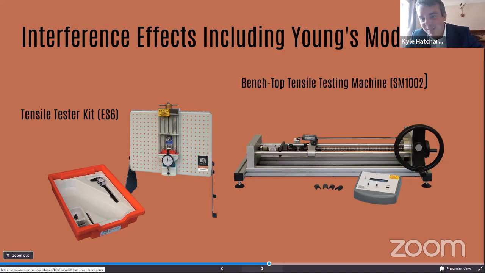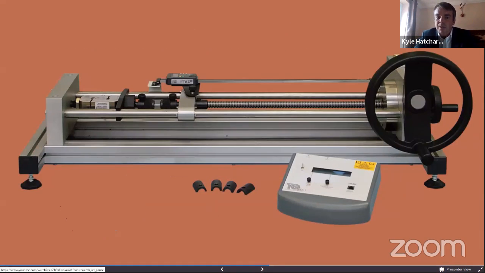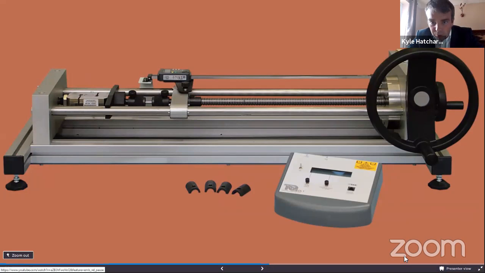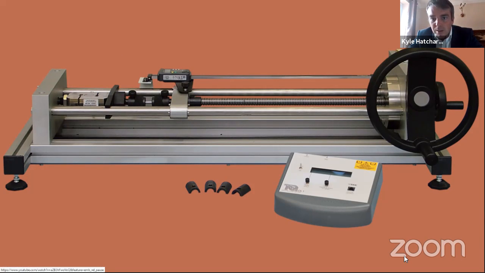The great piece of kit for doing that is the SM1002, and that's a benchtop piece of equipment that allows you to insert specimens, and then via a screw thread, you apply a tensional load, which is then gauged via a strain gauge system on the left-hand side of that image. And the great thing with this piece of kit is that you get to feel the elongation of the material through the screw thread.